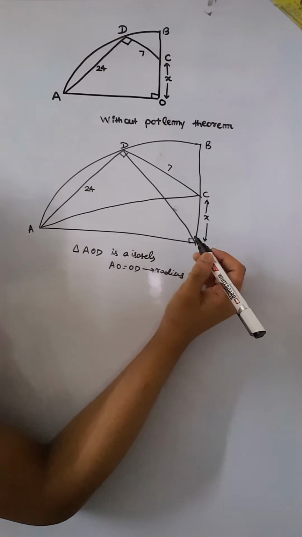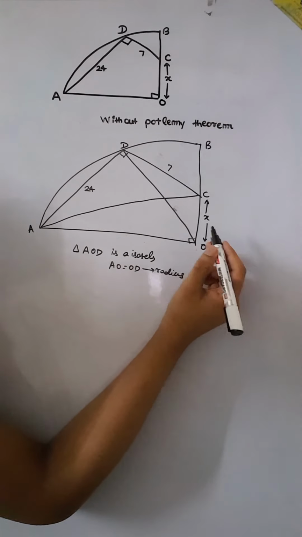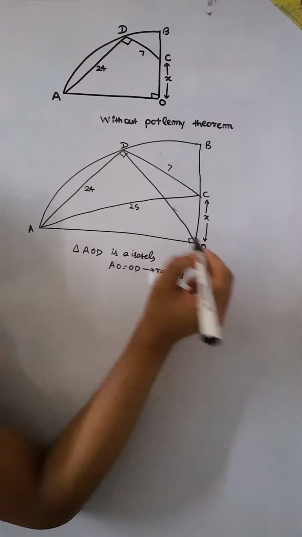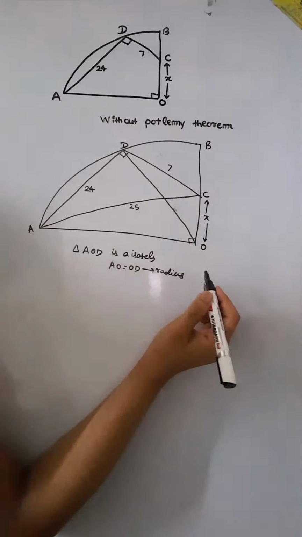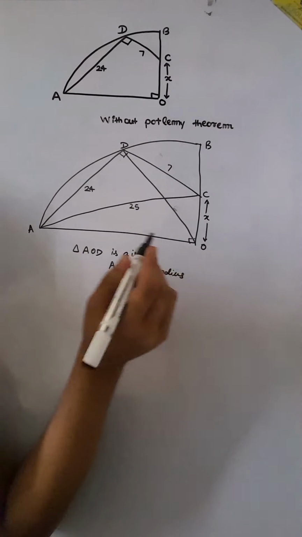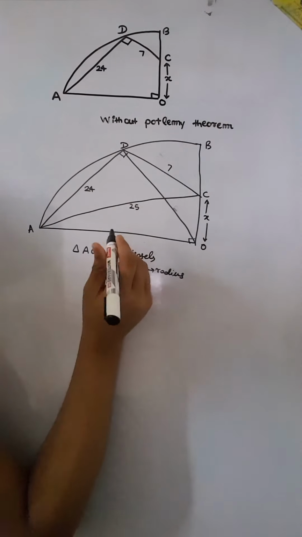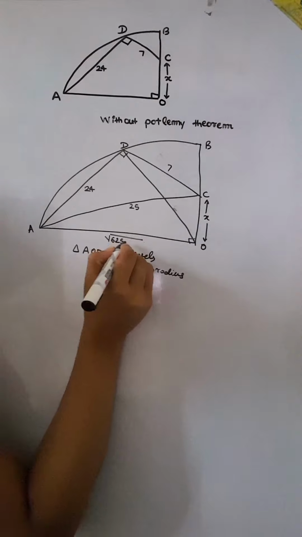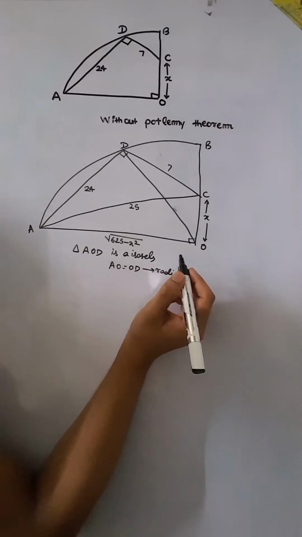And then let us assume this is x, this is 7, this is 24. The value of AC will be 25 with the help of Pythagoras theorem, because obviously we can see a perpendicular sign here. And since AOC is also a right angled triangle, the value of AO will become the square root of 625 minus x squared with the help of the Pythagorean theorem.